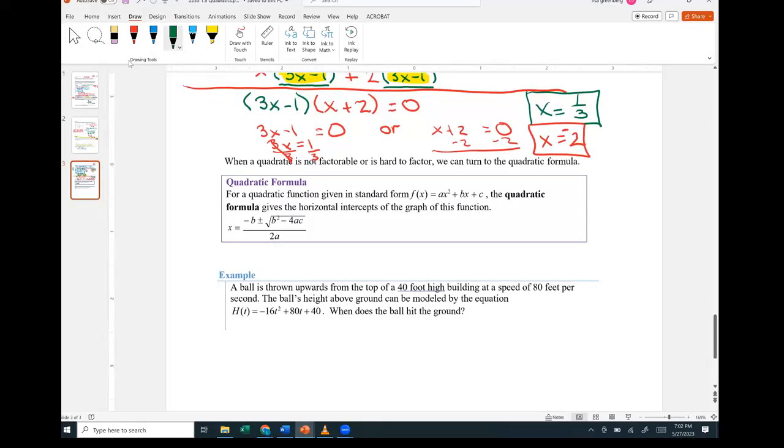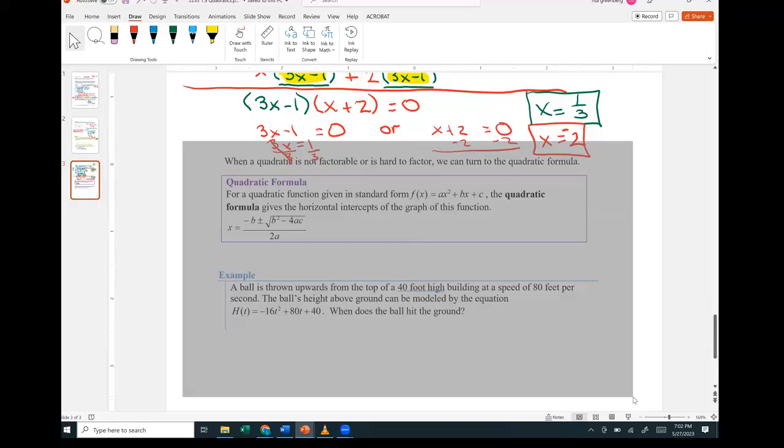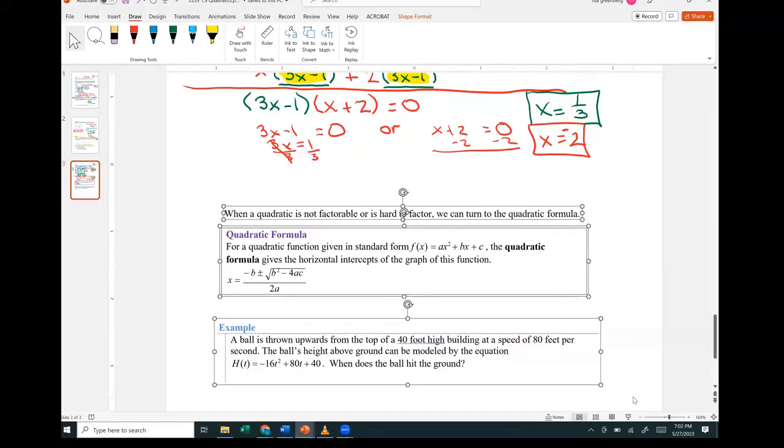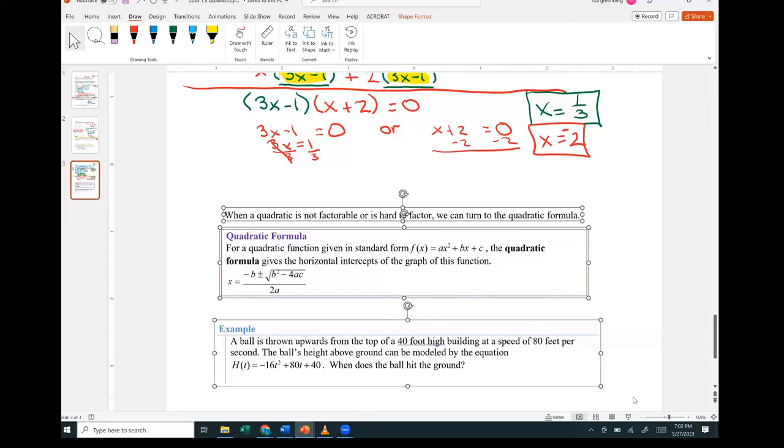Let's do it with the quadratic formula. It should make it a little easier for you guys, unless you're very competent at factoring.